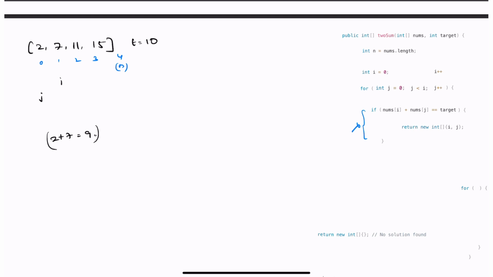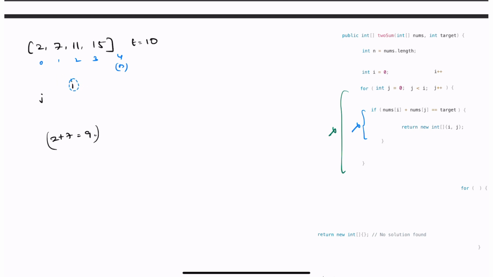Then what i has to do, if j has reached the end, is end this inner for loop without any progress. So this inner for loop has ended because I didn't find any solution when i was at one position. So I wanted to make i move forward.